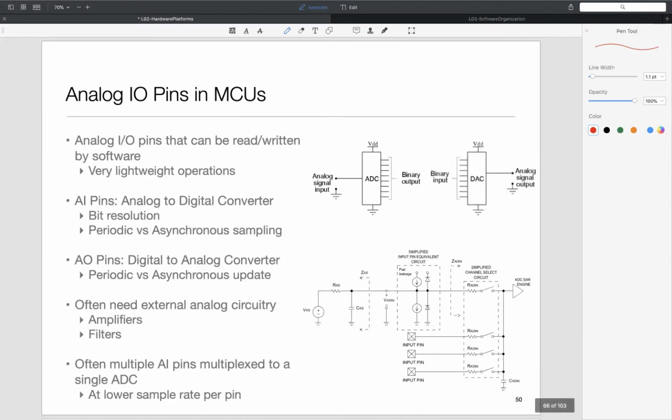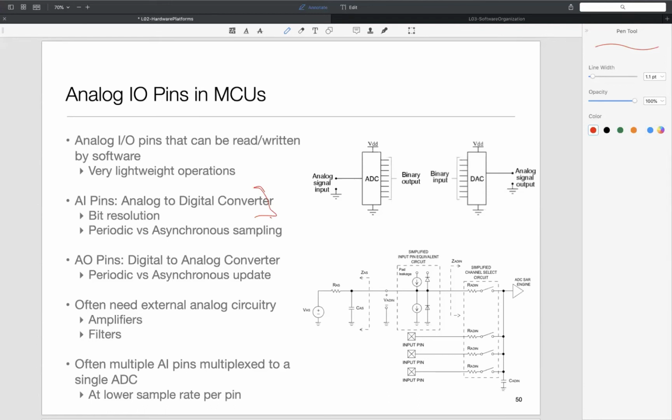These things also have analog I/O pins. The particular Arduino that I'm making you purchase only has analog input, so an A to D converter. It has a pin with an A to D converter, which allows 8 pins to be connected to it, so you can monitor 8 analog signals.